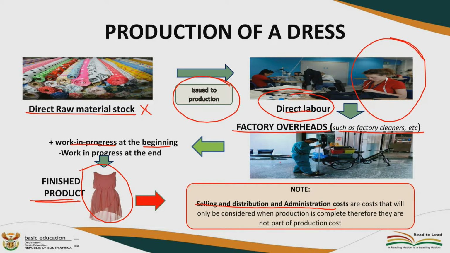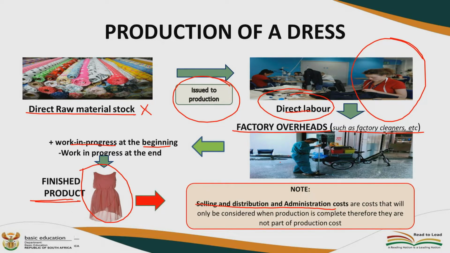Your selling and distribution and administration costs can only be incurred when we have a finished product. In other words, your selling and distribution can never form part of the production process. Selling and distribution and administration do not form part of your production costs.